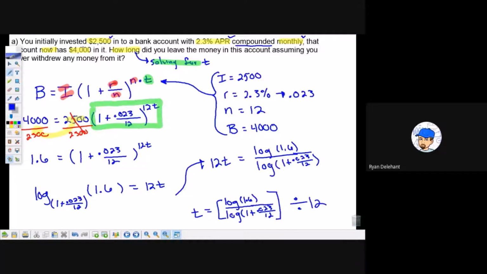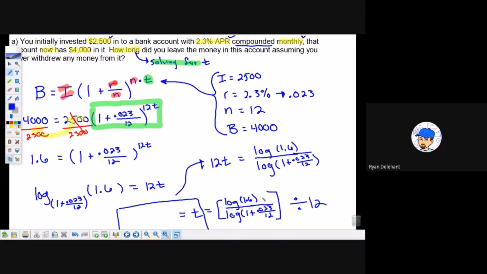And you would probably never normally write this out as an answer, but you're going to get a number out of this that we're going to write as the number of years that we left this in this account, okay? So I'm going to plug exactly that messiness into the calculator and let the calculator do all the hard work for me to get to the number. I'm going to make everything inside these parentheses match first.